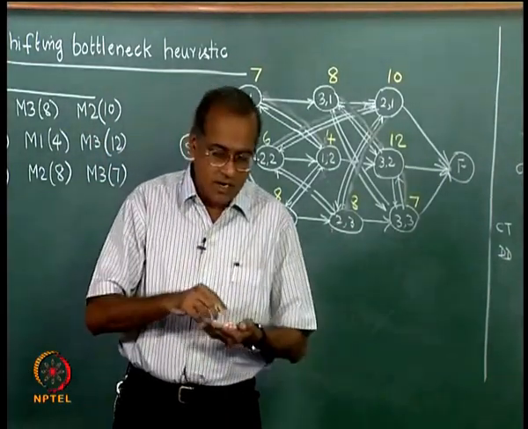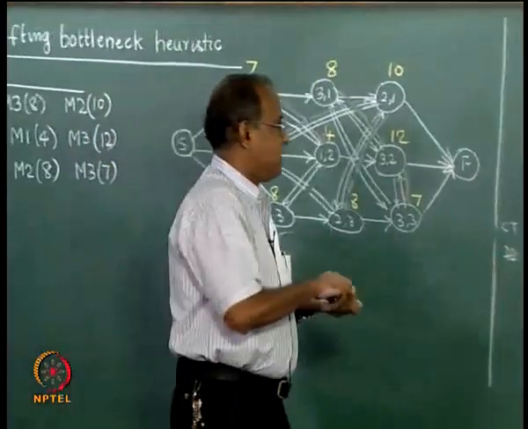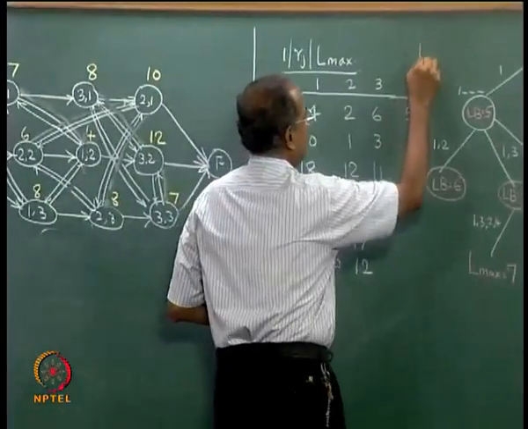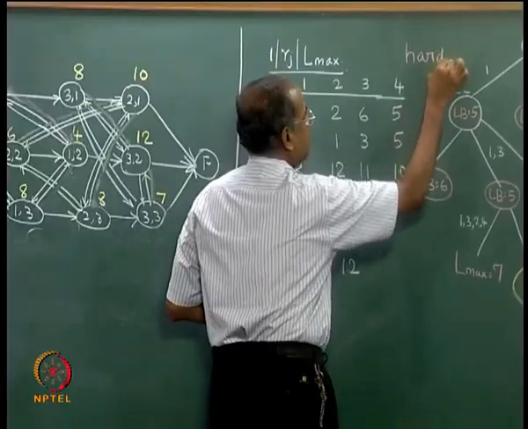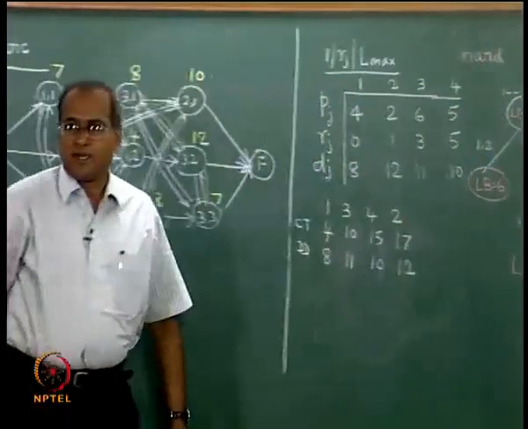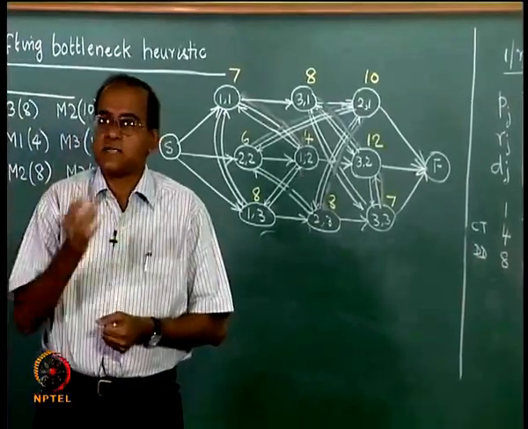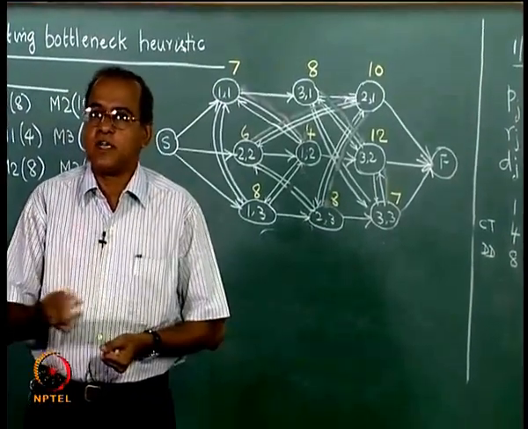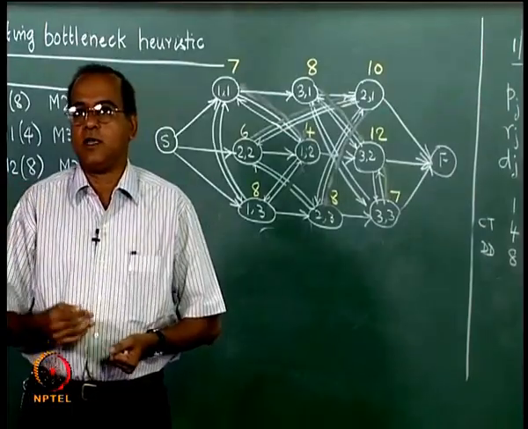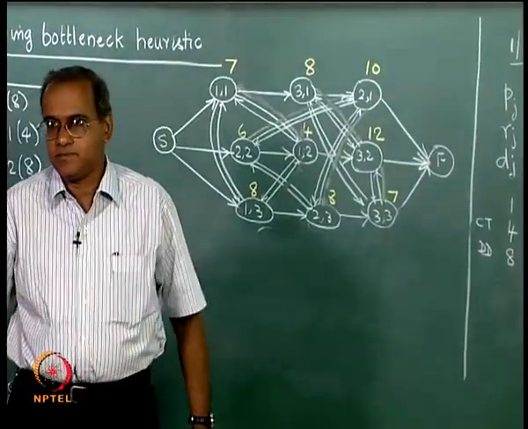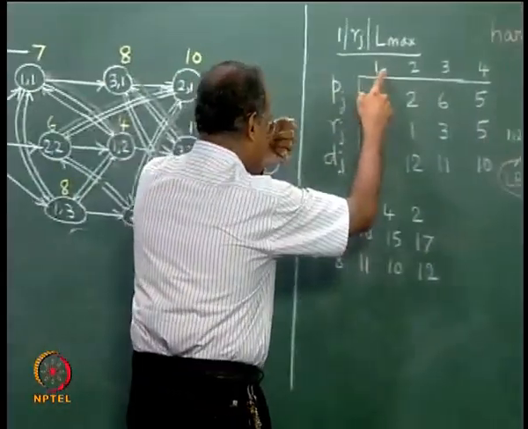But then the 1 R_j L max problem is a hard problem, it is a difficult problem, and may in the worst case involve computation of all the n factorial possible sequences. Now, we took an example with 4 jobs.